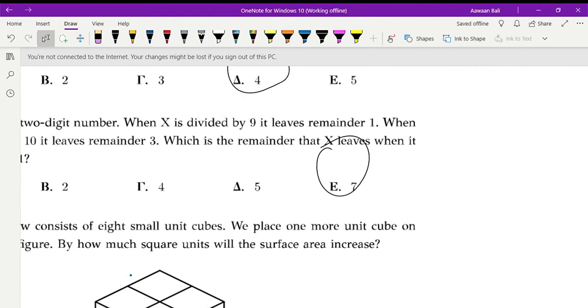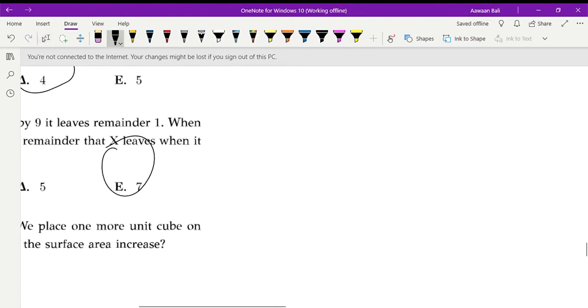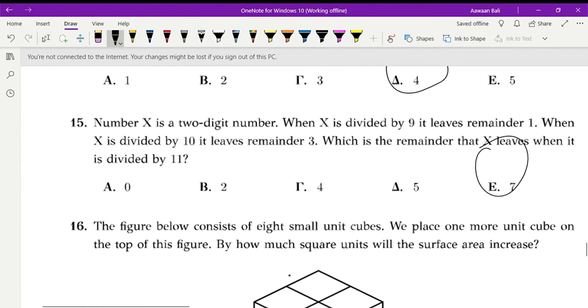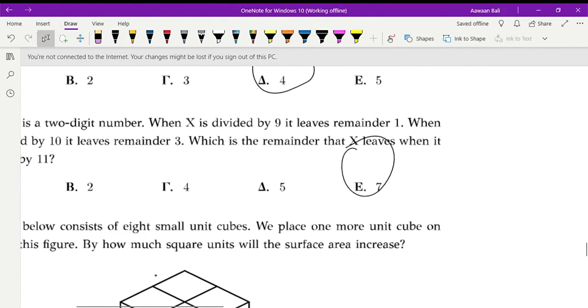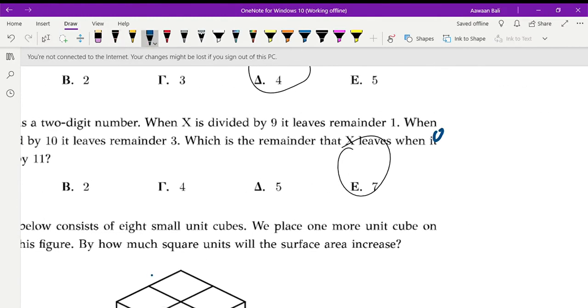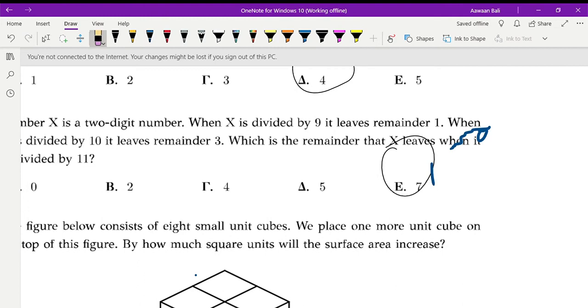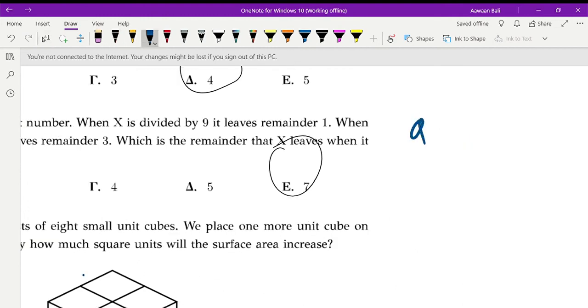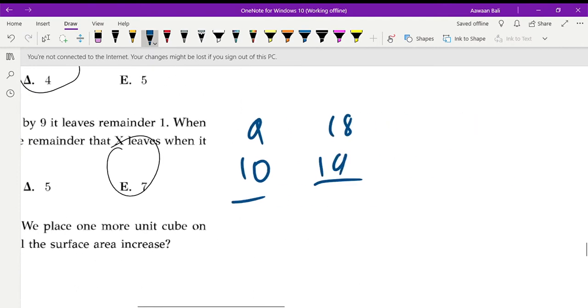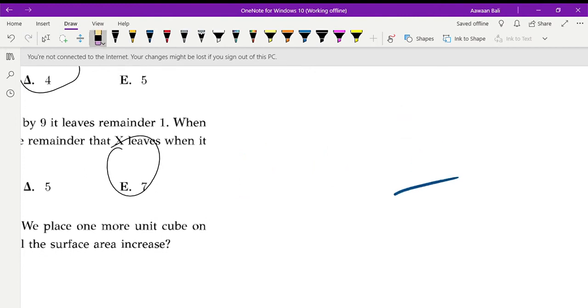So basically, the numbers you get are 10, then 19, and then after that 28, and it goes on like that.